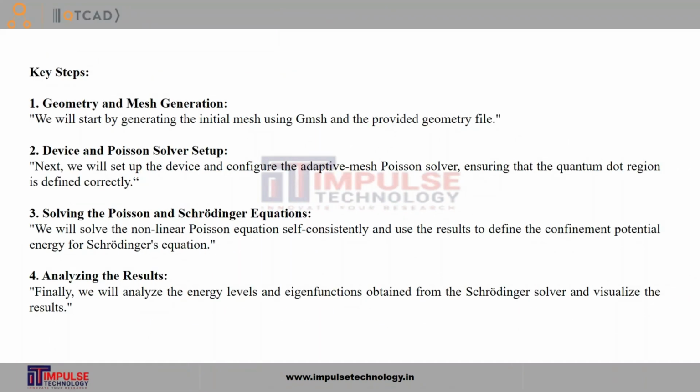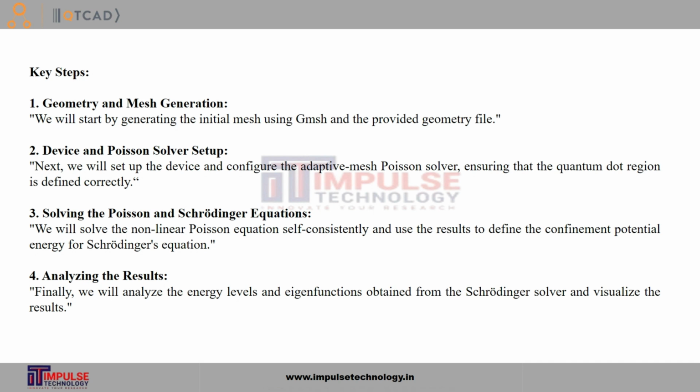Now let's talk about the key steps to run the simulation. The first step is geometry and mesh generation. First, we create the geometry of the device. Then we start by generating the initial mesh using Gmsh and the provided geometry file. After that, we do the device and Poisson solver setup. Next, we'll set up the device and configure the adaptive mesh Poisson solver, ensuring that the quantum dot region is defined correctly.